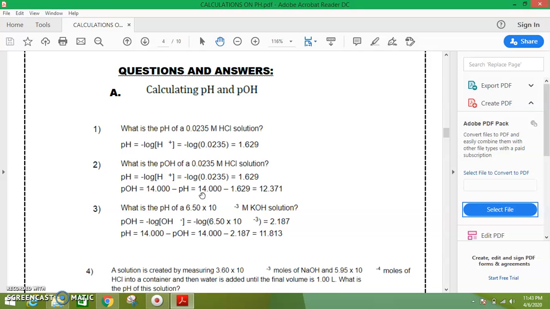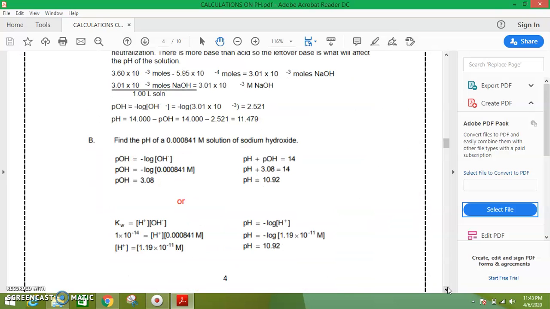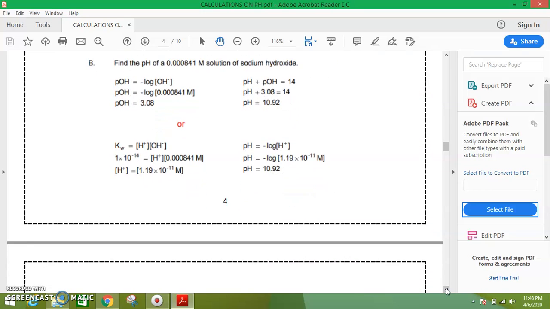We know Kw's value is 14, so 14 minus 1.629, you will get 12.371, which is pOH for base. Other examples I gave here are 3 and 4, in two parts. How to calculate and how to rearrange, please practice these rules because solutions are given to you.